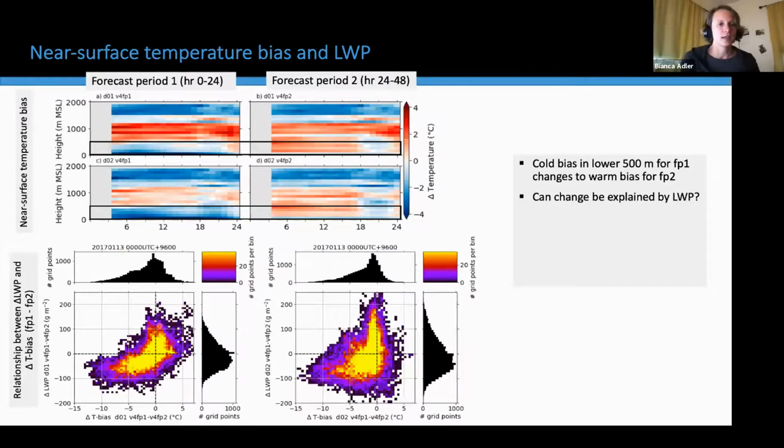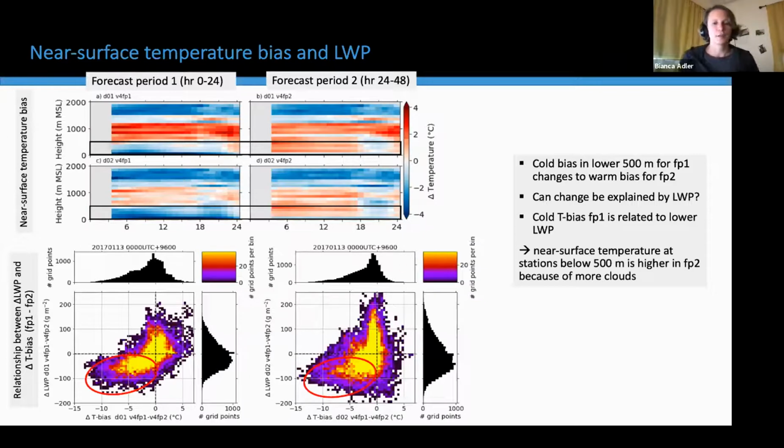On the left-hand side, you see the distributions for domain 1, and on the right-hand side for domain 2. What we can see is that a negative liquid water path change is related to a negative temperature bias change. And this basically means that stations with a higher surface temperature in forecast period 2 also have a higher liquid water path, so that clouds lead to the change in the sign of the bias which we see.